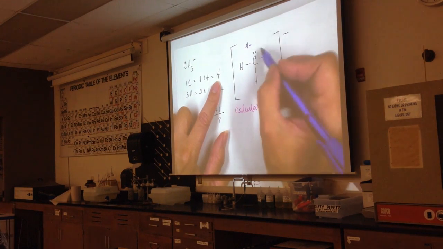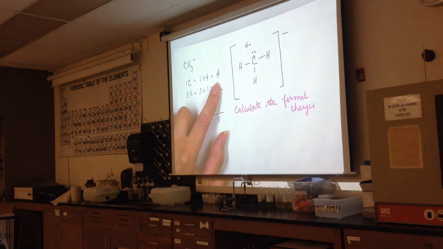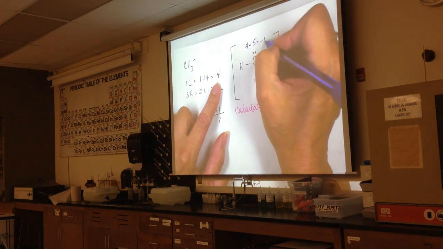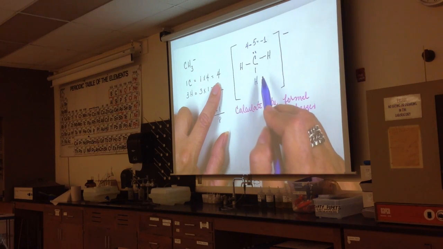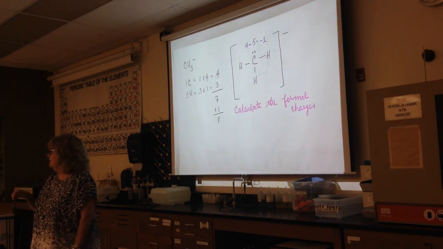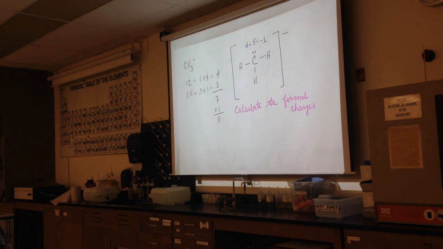Everybody? So that means that I have 1, 2, 3, 4, 5 that are now mine. The 4 minus 5, that's how you came up with the -1. So that negative charge is the carbon. The carbon carries a -1 charge. A carbon with a -1 charge is called a carbanion.